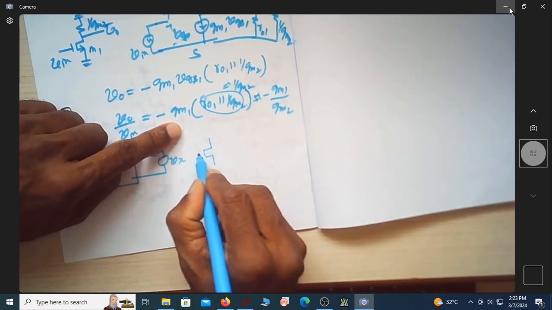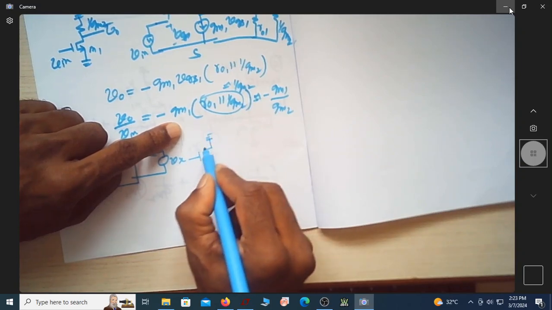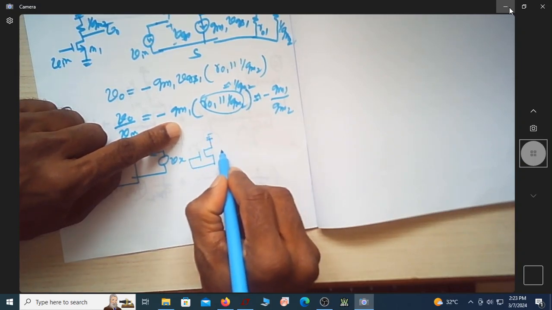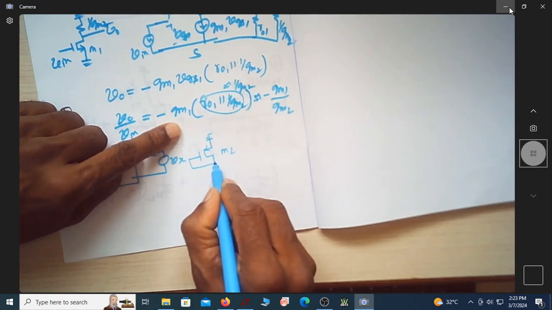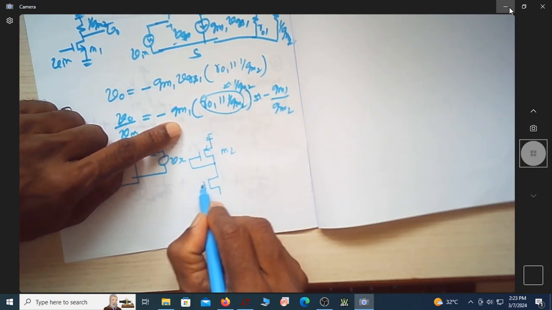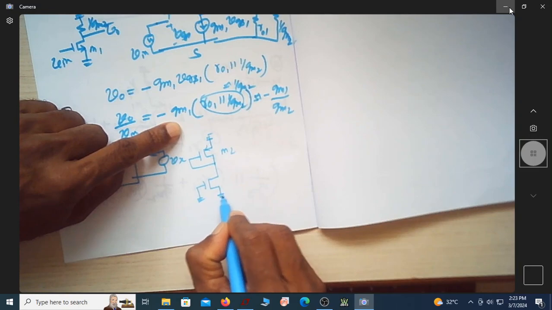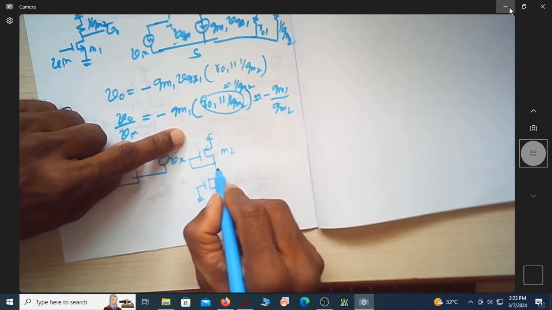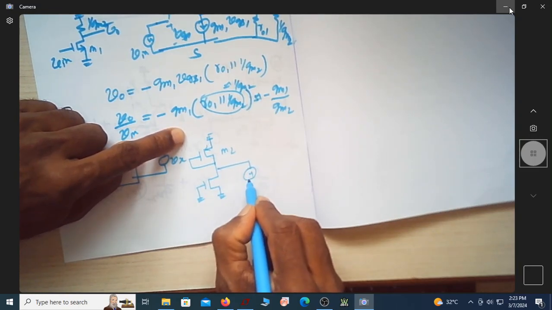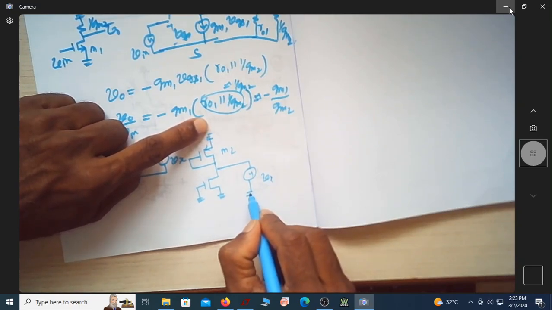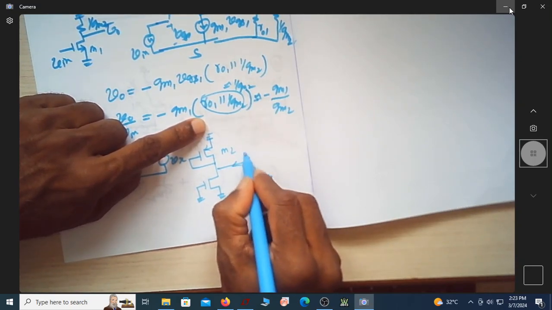Let me do the same thing here. This is my AC grounded M2. This is source, and I'll ground this also. This is also AC grounded. I'll apply a Vx source. So this is Ix.